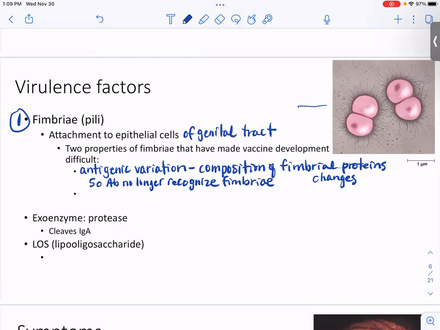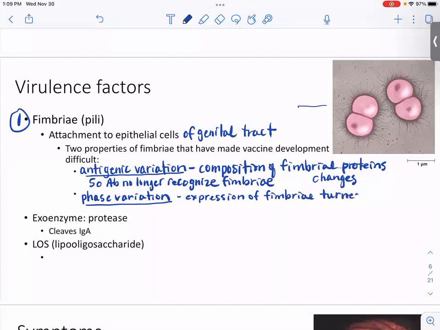Another interesting thing that this organism does is what's called phase variation. And that just means that the expression of the fimbriae can be turned on or off.